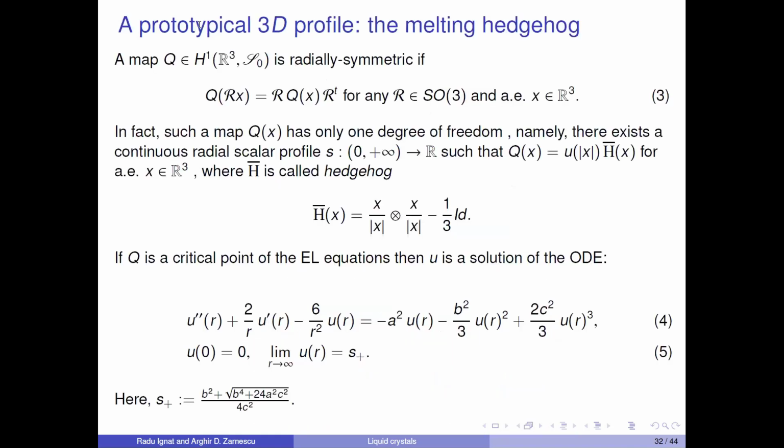Okay, so again, this is nice to study because if you are looking for this kind of symmetry, then you see that in fact it has to be like this. You have this hedgehog, this x over mod x written in matrix form, which will be multiplied by a function that depends just on one variable. And this generates this ODE.